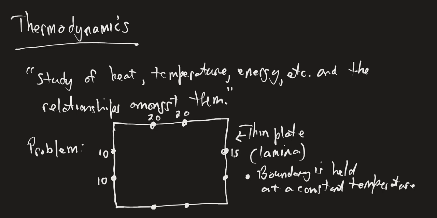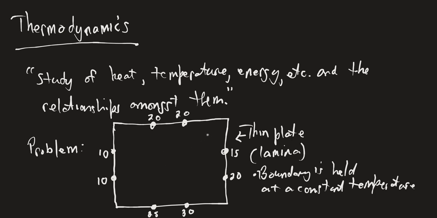So you could have 15 there, 20 there, and then let's say you have 25 there, and maybe even 30 there, right? So you have these points along the boundary at which the temperature is held constant, right? And then the question is, what is the temperature at the interior of this thin plate, right?